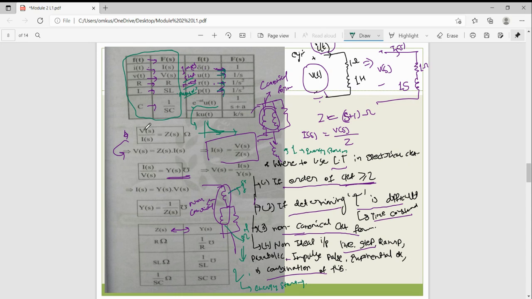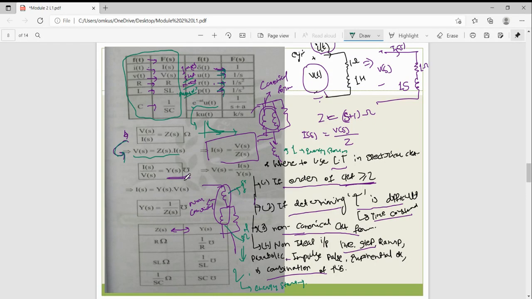Now this is an output voltage, and the voltage upon input is equal to Z of s. For finding this V of s, it is nothing but Z of s into I of s. This is all Ohm's law.